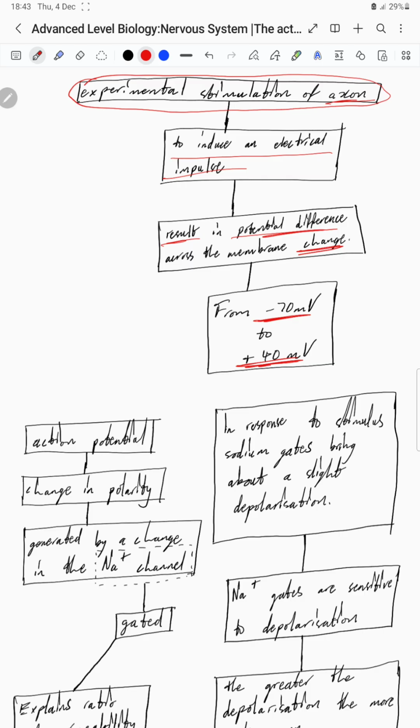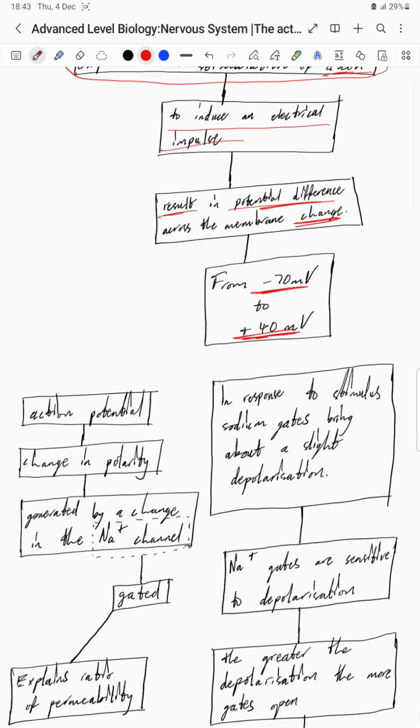So we want to look at what really took place when this happened. How did the potential difference change?